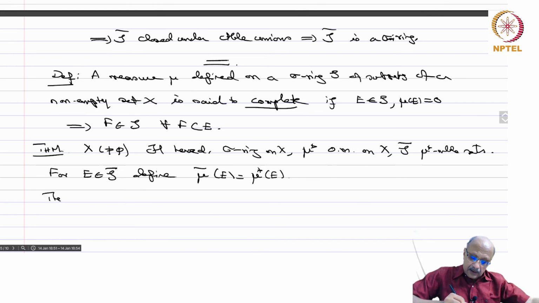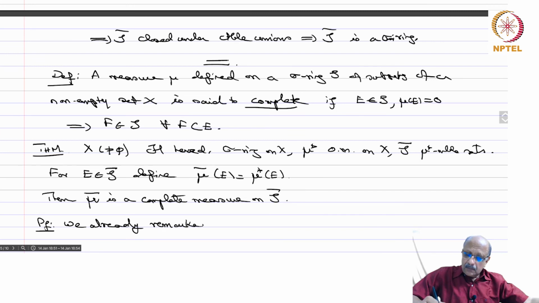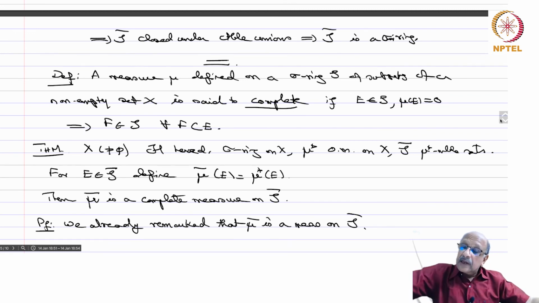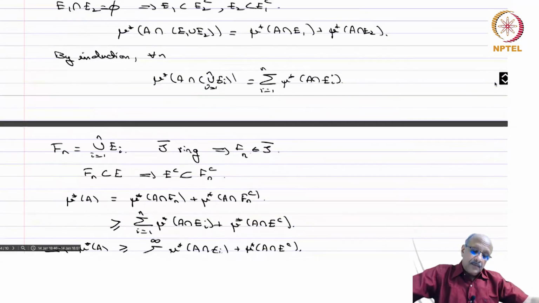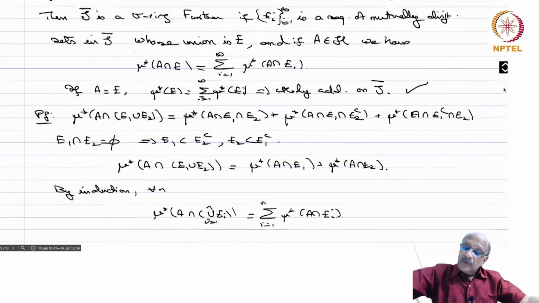Then mu bar is a complete measure on S bar. So proof: we already remarked that mu bar is a measure on S bar. We already saw that, because here it is countably additive on S bar, and therefore we have that it is a measure.